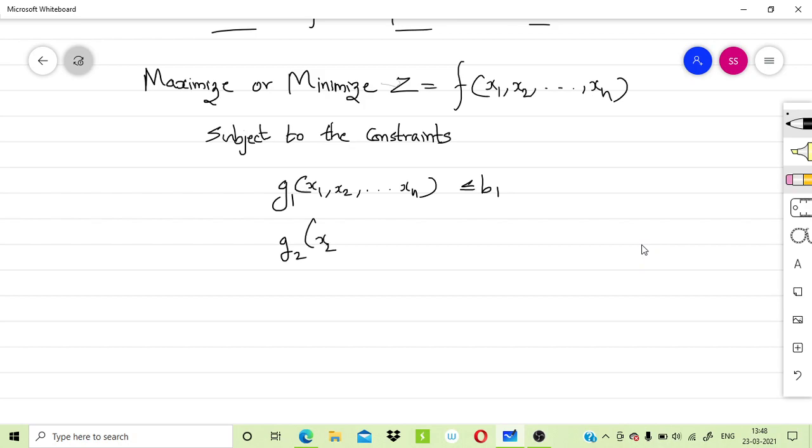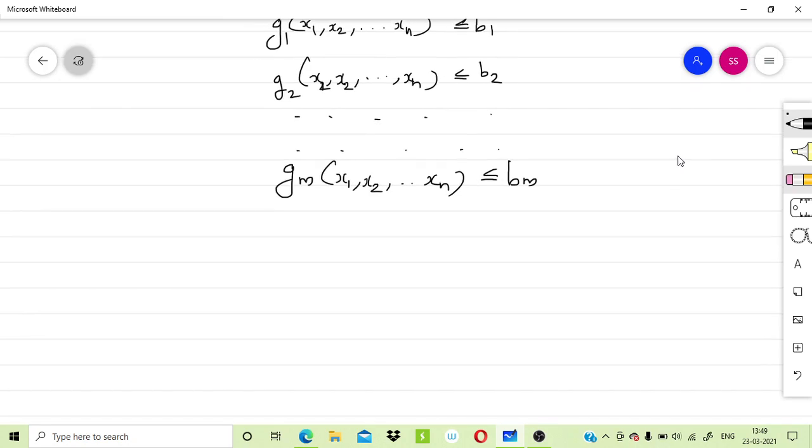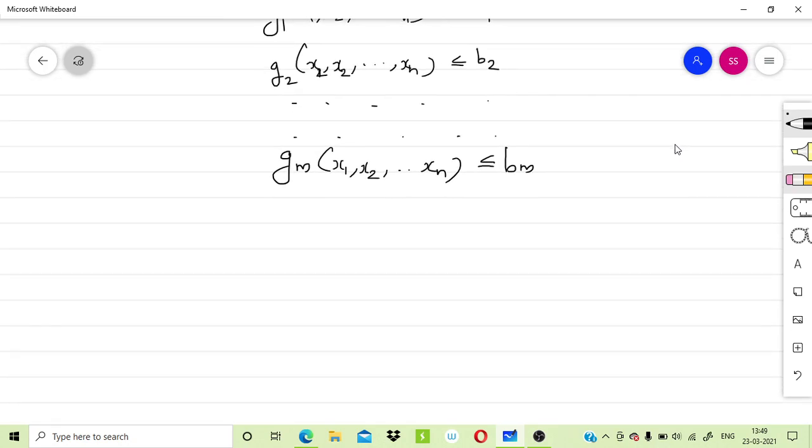So G2 of x1, x2, etc. xn is less than or equal to b2. So like that, we have m constraints, that is Gm of x1, x2, etc. xn is less than or equal to bm. So this is our standard form of a constrained optimization problem.